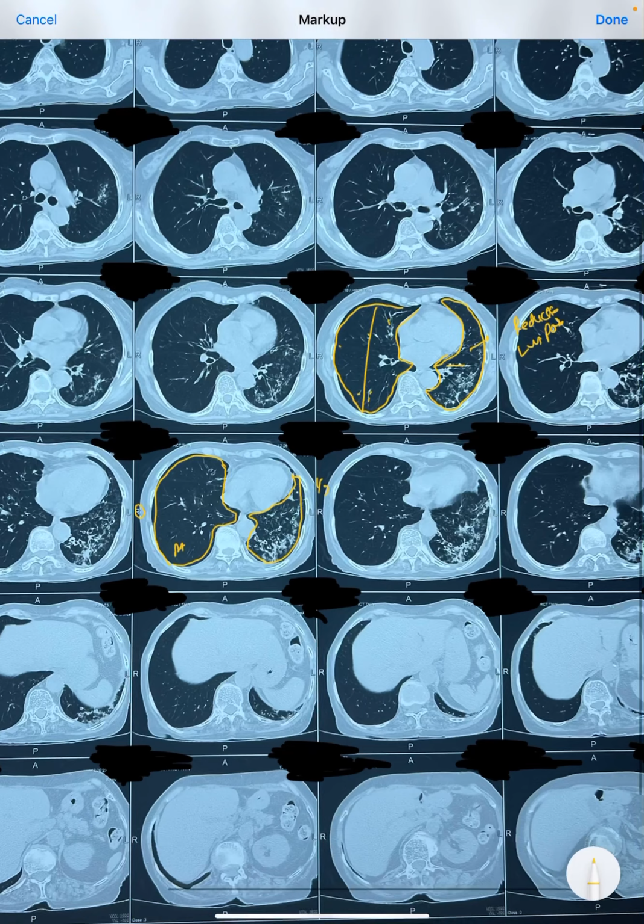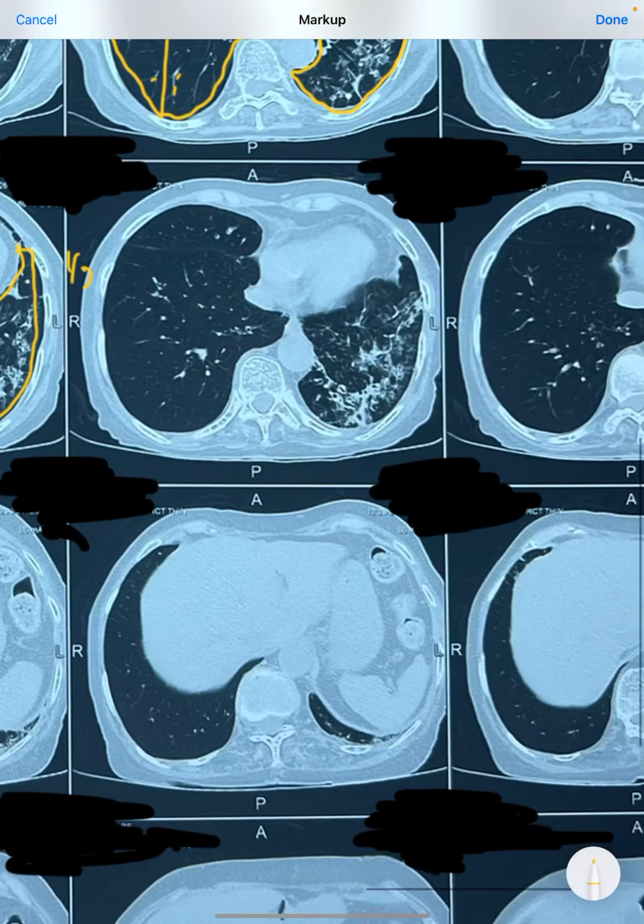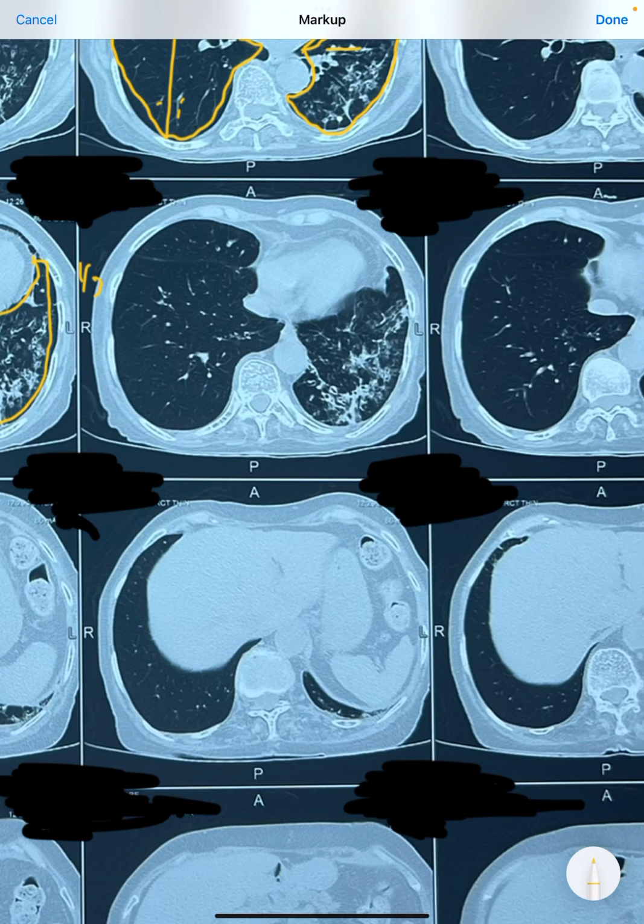Now I had told earlier also, whenever there is an old infective lesion or any lesion which has caused significant damage to the lungs, repetitive damage will lead to fibrotic bands, because otherwise the lesion should completely resolve to almost normal lung parenchyma.